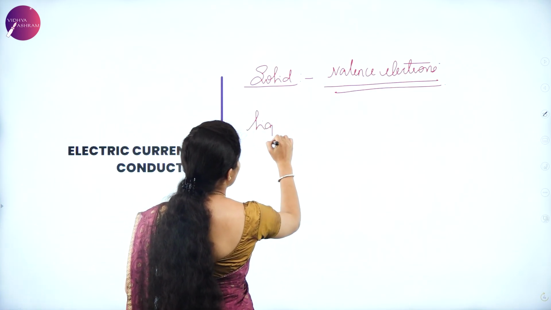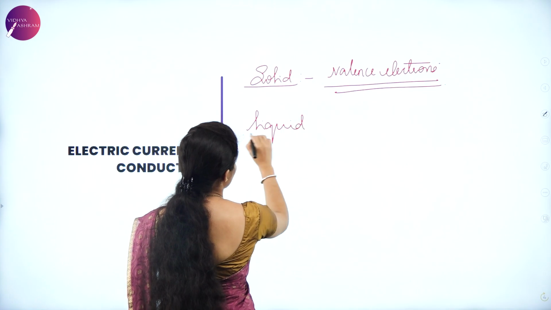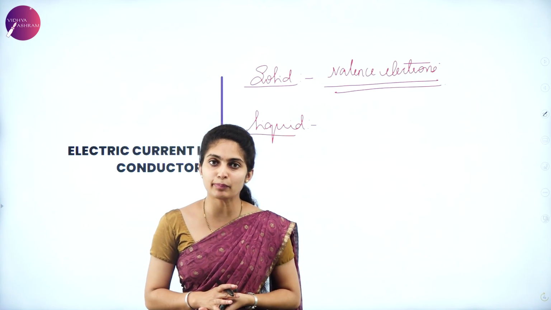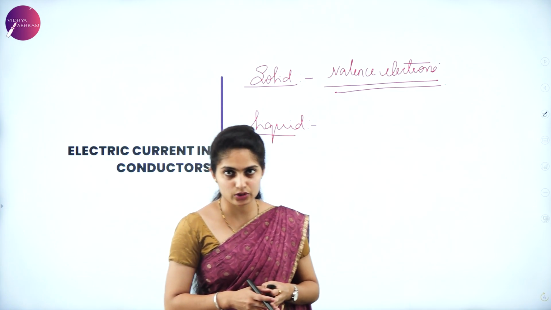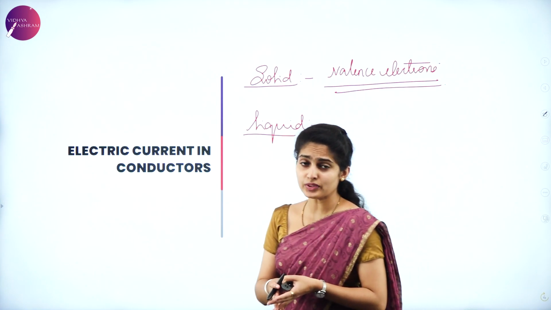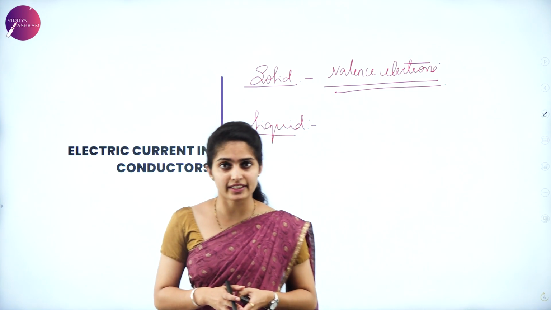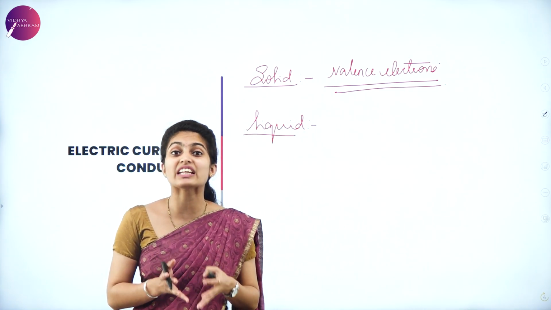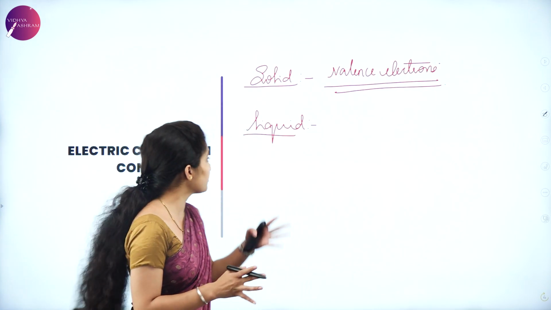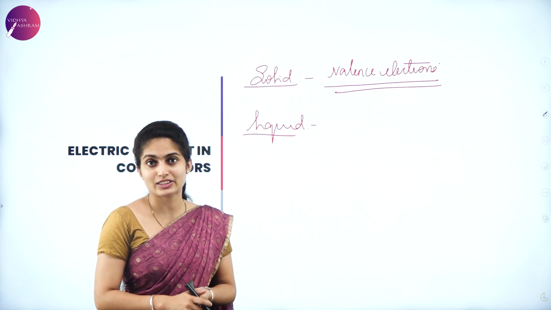Suppose you consider electric current in the case of liquids. Take the example of an electrolytic solution. Where exactly do you use this electrolytic solution? You use it in domestic cases also, and that is nothing but your inverters. At your home you have inverters, and sometimes those inverters use a liquid electrolytic solution.